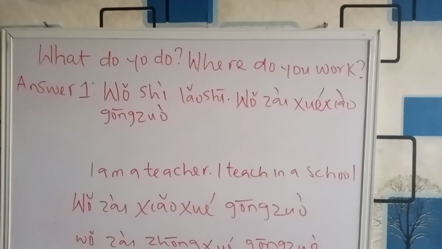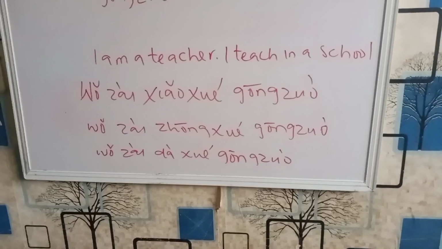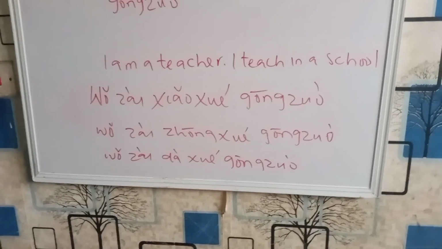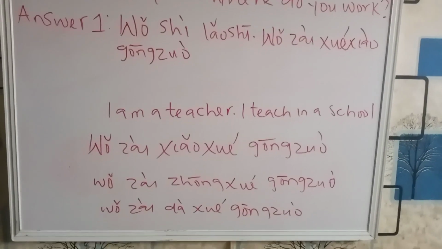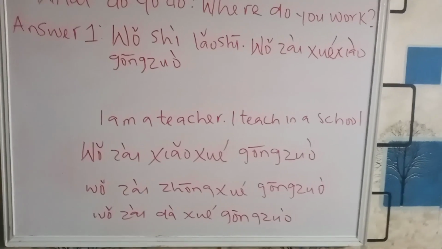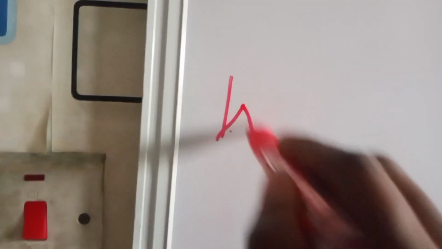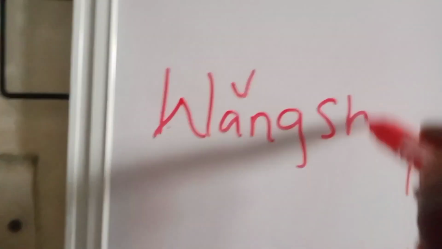So after saying 我是老师, you can say 我在小学工作. 我在中学工作. 我在大学工作. Now, what about someone who teaches online? You will say 我在网上工作. 网上 is written like this.